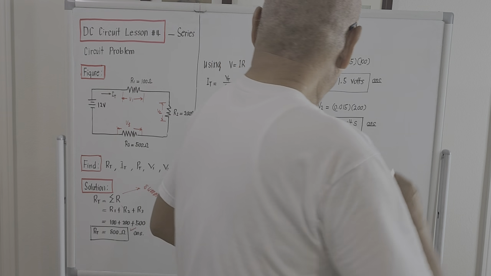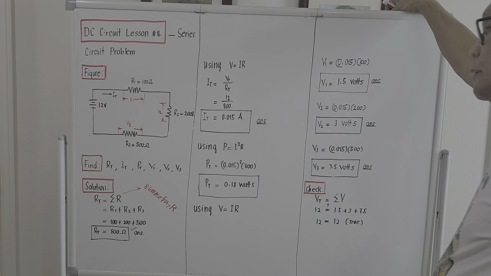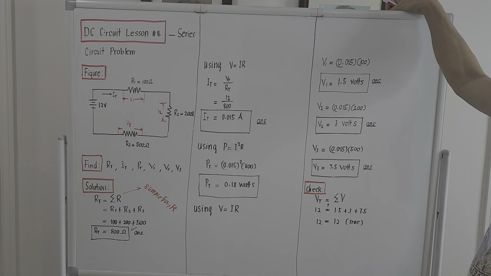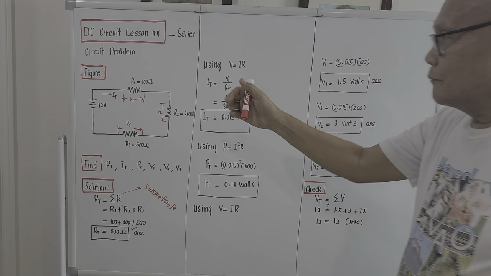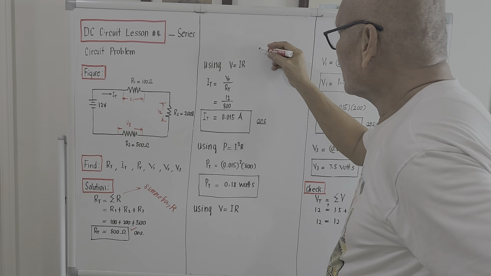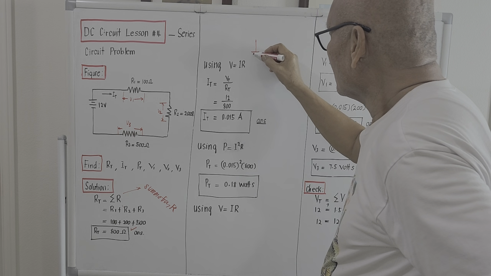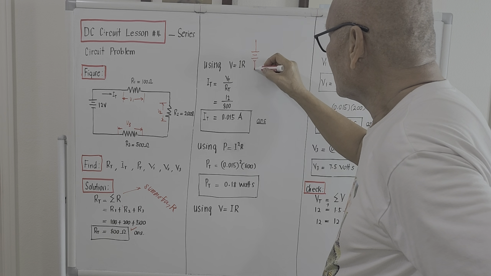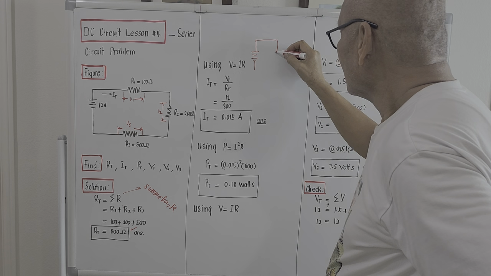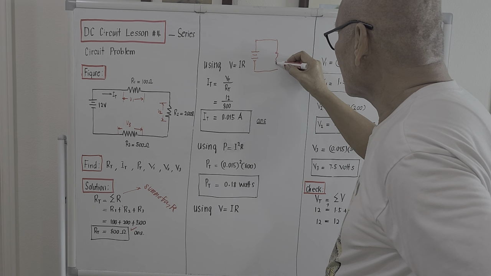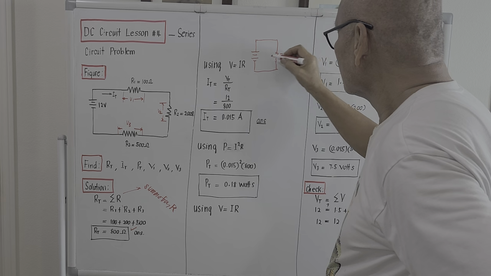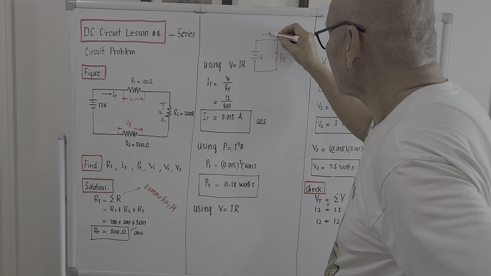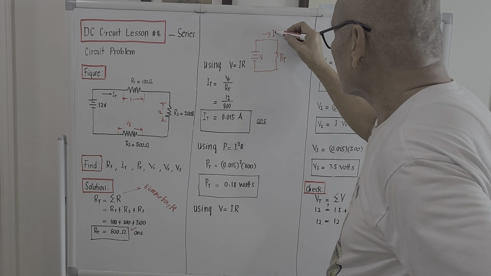Next one. If we are to compute for the total current, we have already computed for the total resistance, right? This is R total already. This is the total applied voltage, and this should be the total current.